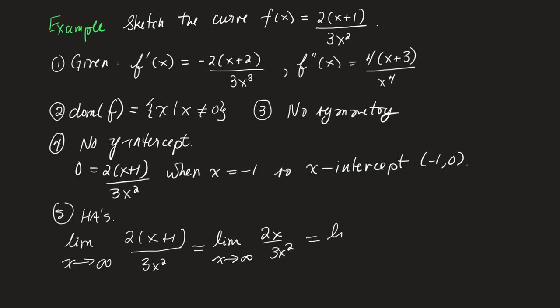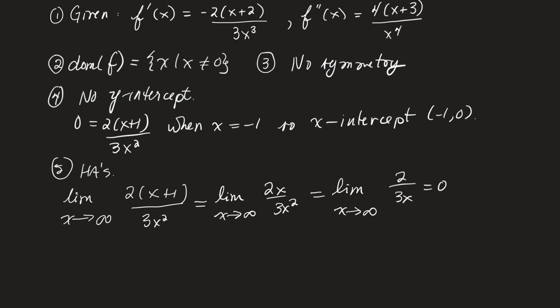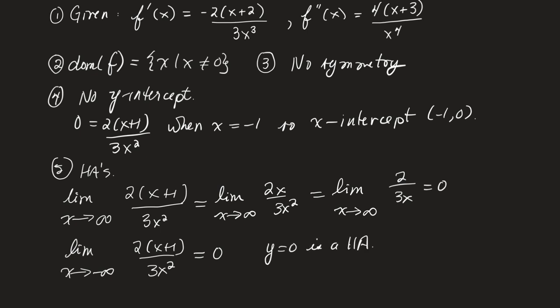And that is the limit as x tends to infinity of 2 over 3x, which is 0. So this tells me right away that I do have a horizontal asymptote at y equals 0. Let's do the other limit. It's going to be the same. That will also be 0. So y equals 0 is a horizontal asymptote.